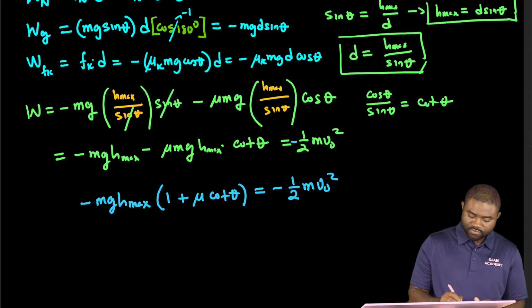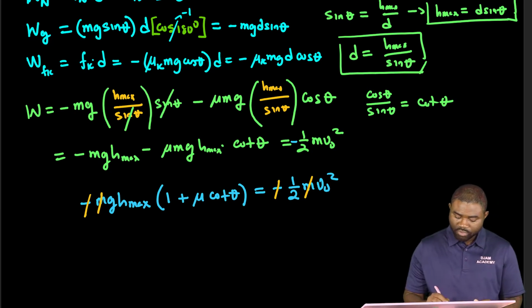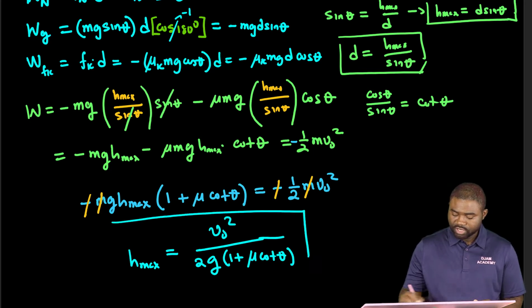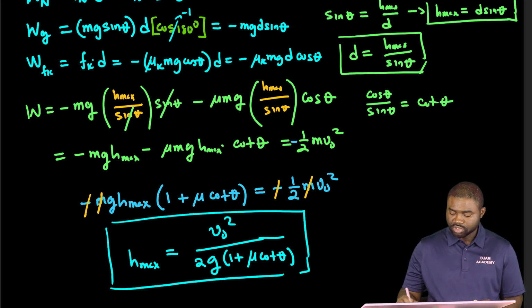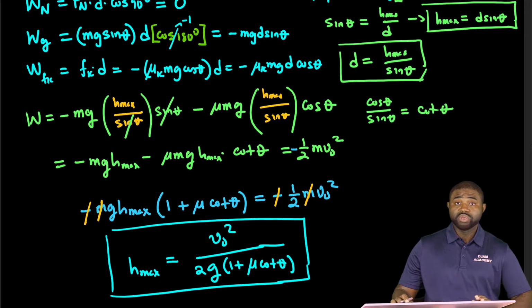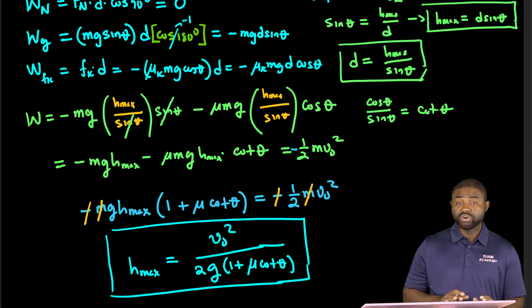The negatives cancel, and we are left with h max equal to v naught squared divided by 2g, bracket, 1 plus mu cotangent theta.